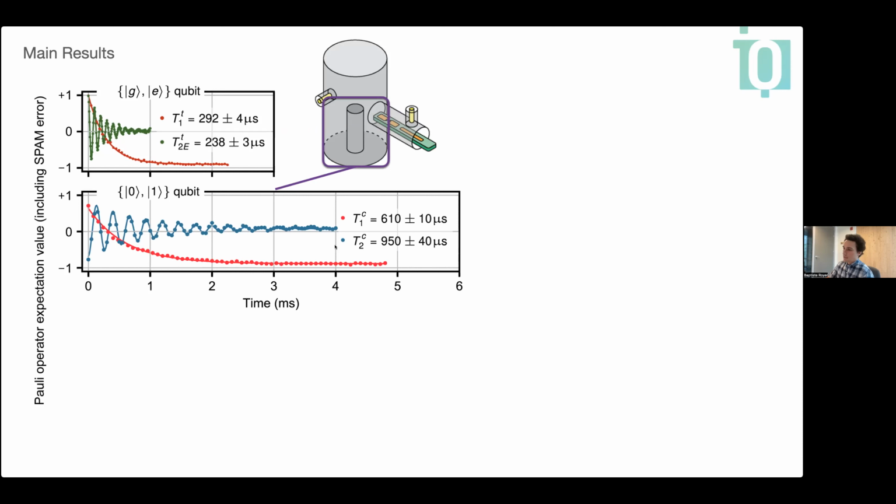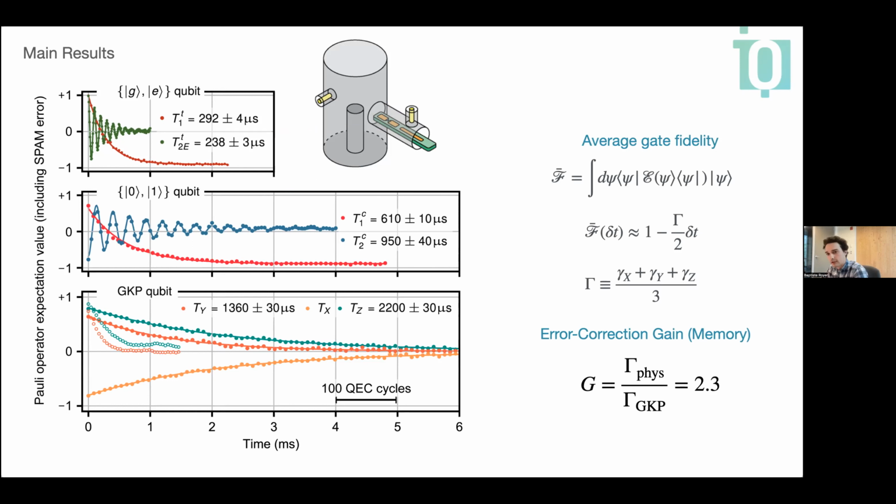So now our main result is that if we encode our GKP and perform error correction, then we get a logical lifetime for the Z and X logical states of 2.2 milliseconds and for the Y logical state of 1.3 milliseconds, which is clearly much above what you got for the cavity.